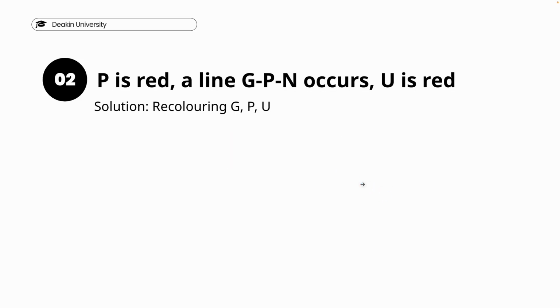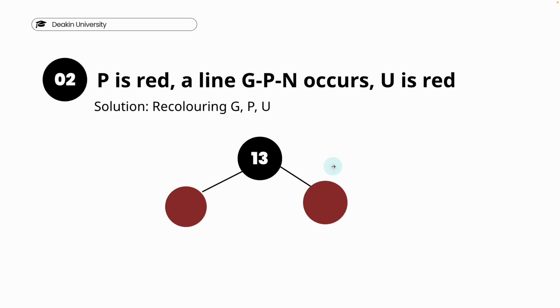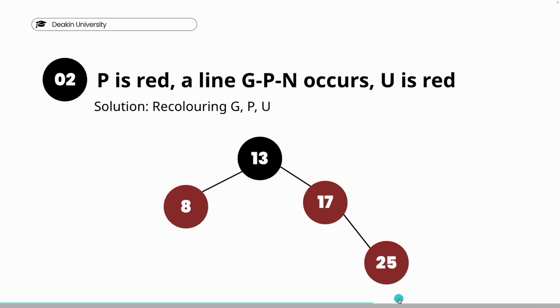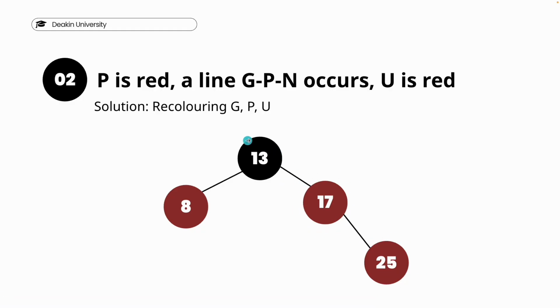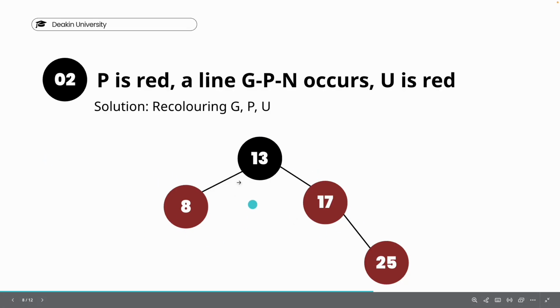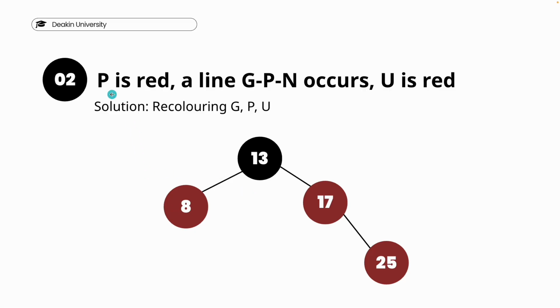In the second scenario, the parent is red, the line G, P, N occurs, and U is red. Let me show you an example. In this graph, we insert 25, which is red, and the parent 17 is red, and there's a line from grandparent, parent, and the child, and the uncle of 25, which is 8, is red as well. So the solution is very simple.